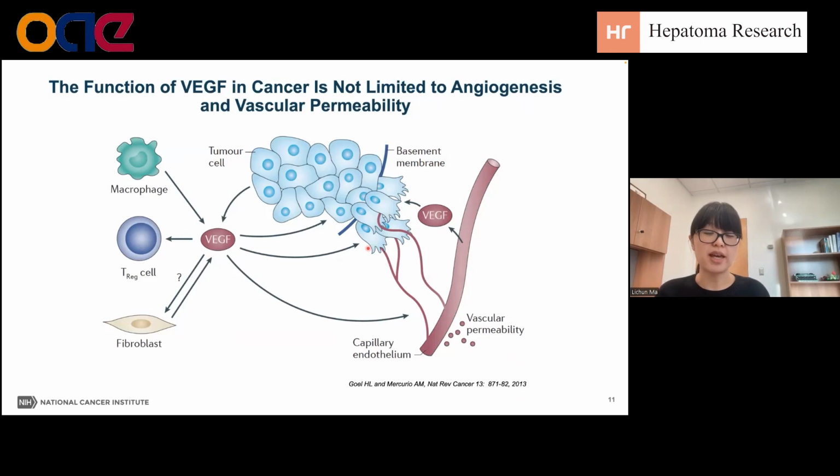In addition, it may function as a chemoattractant to recruit regulatory T cells to inhibit anti-tumor immune response, and may also recruit fibroblasts to affect tumor growth. Taken together, these studies demonstrate that high-diversity tumors may produce more VEGF, which may in turn reprogram the surrounding tumor microenvironment to affect patient prognosis.